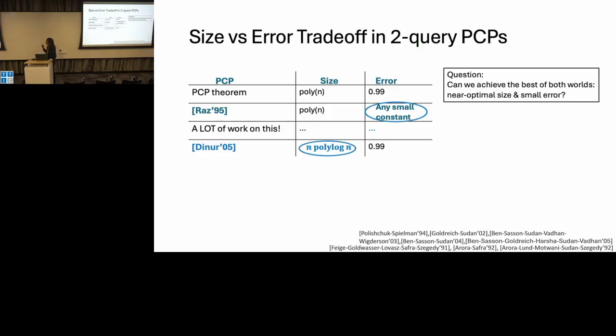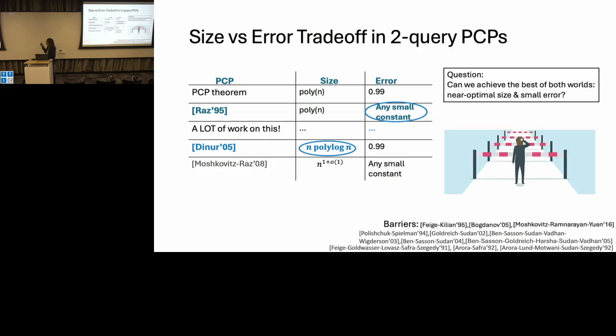So the immediate question was, can we achieve the best of both worlds, like get a near optimal size and small error simultaneously? And there was some progress made towards this question by Moshkovitz and Raz, who got almost nearly linear size and any small constant error.